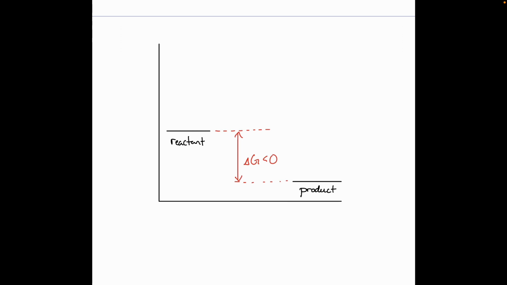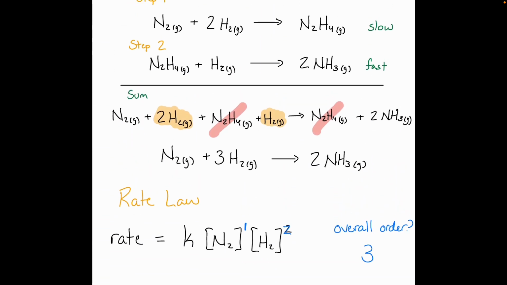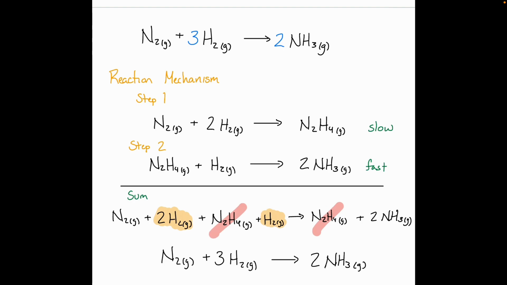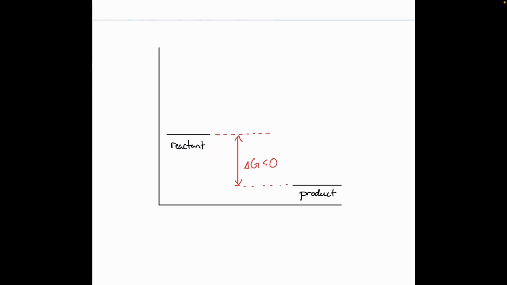All right, and we're talking about thermodynamics. That's the only thing I care about is those 2 endpoints. But if we're going to illustrate what's going on in the middle here, we got to look at the kinetics of our reaction. And this reaction occurs in 2 steps. One of them is a slow step, so it's going to have a really big activation energy barrier, followed by another fast step. So that's going to have a much smaller activation energy barrier.